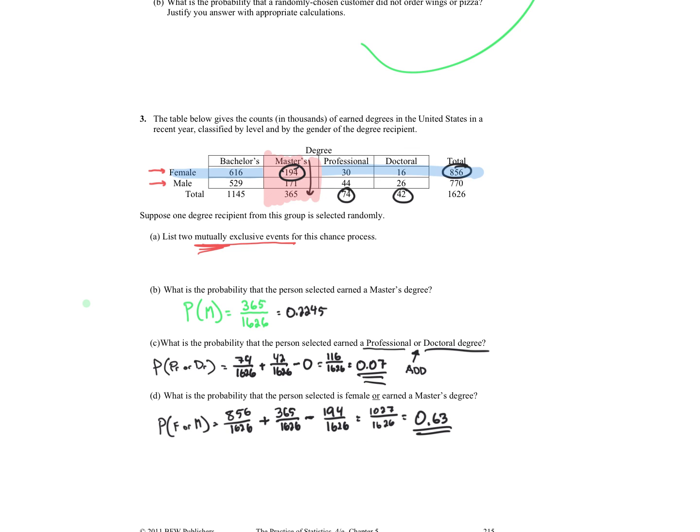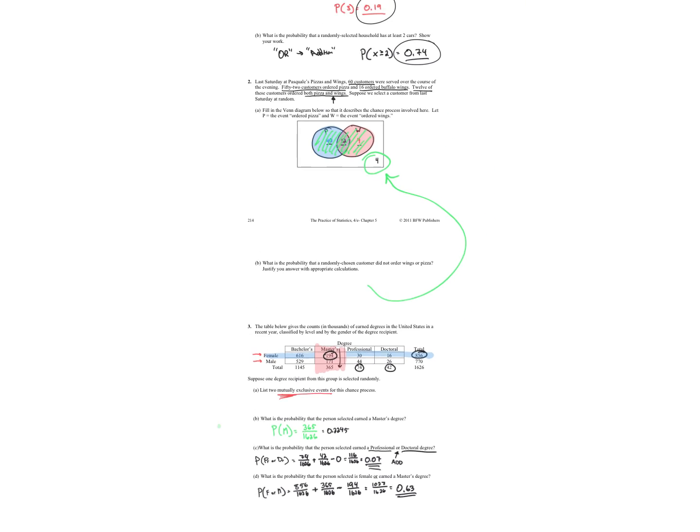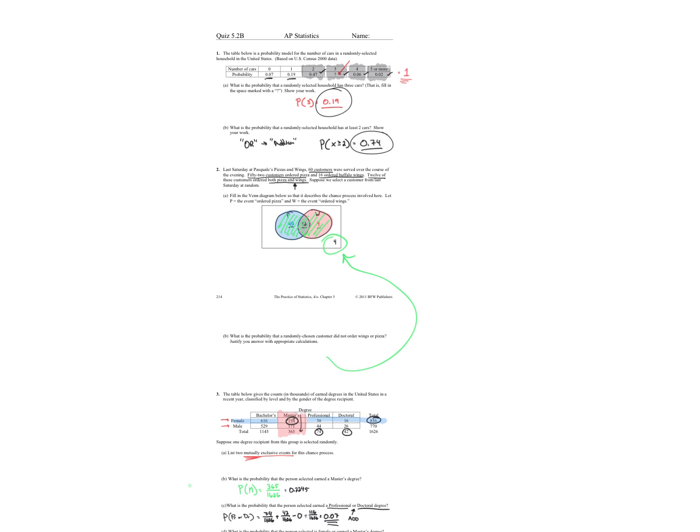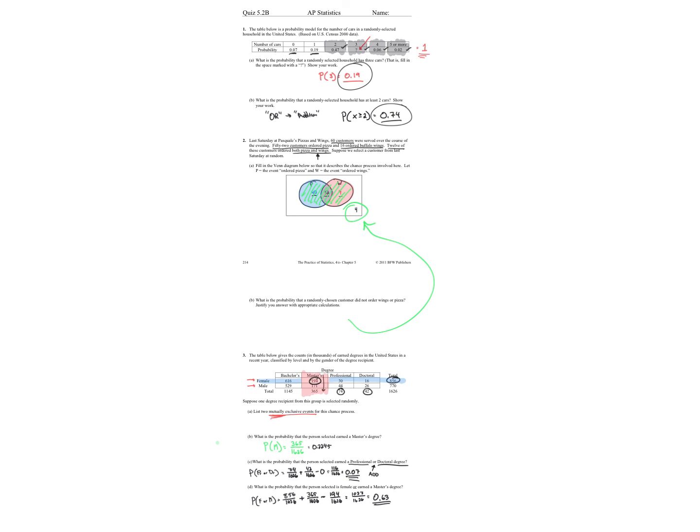So that's what that looks like right there. A little bit of practice of doing some basic probability, doing some addition rule, thinking about mutually exclusive, and sometimes thinking about complement. Okay? So those are the things that we want to tie all together for 5.2.